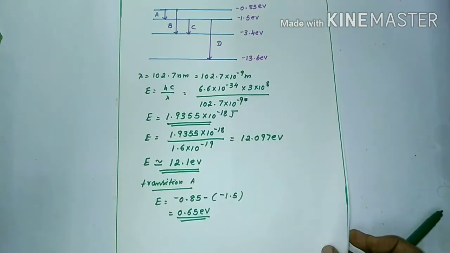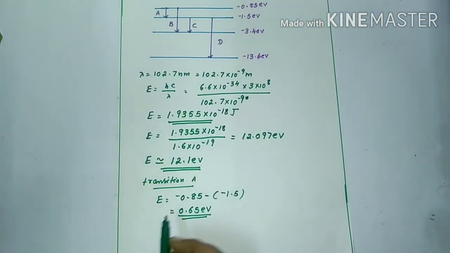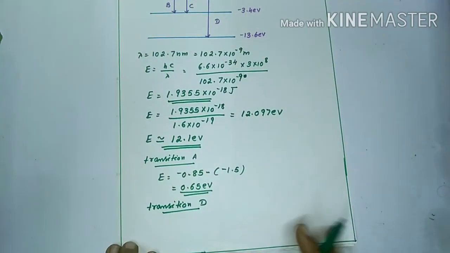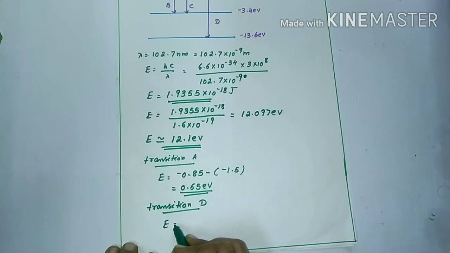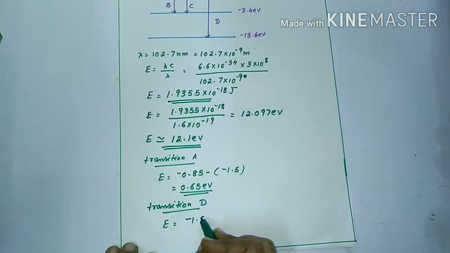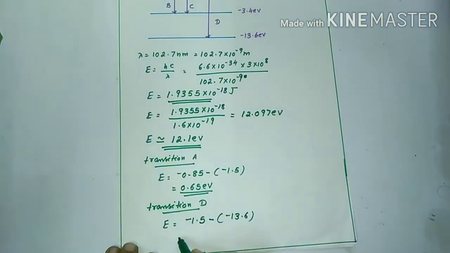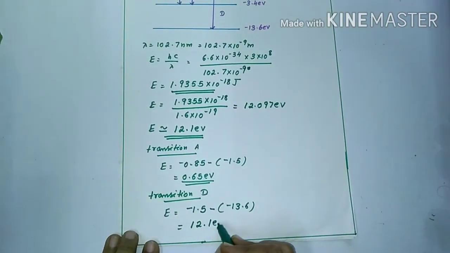Similarly, you find out the energy for the transitions B, C, etc. If you find the transition energy for the transition D, that is E equal to minus 1.5 minus of minus 13.6, this value is equal to 12.1 electron volt.